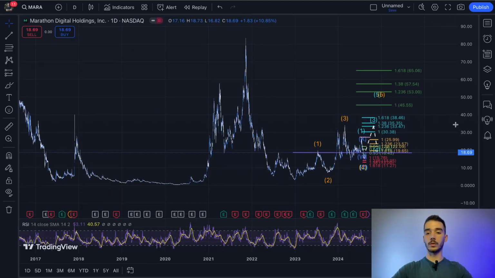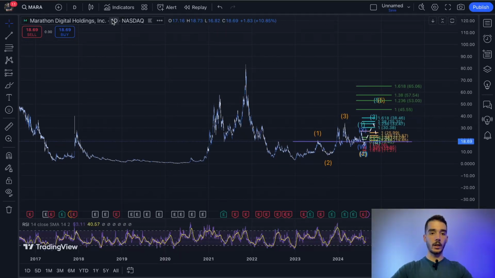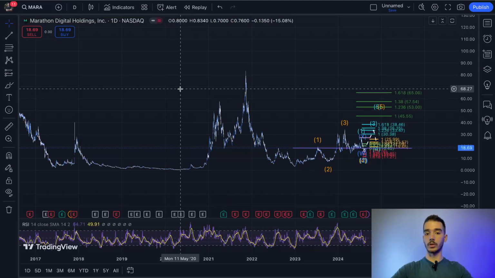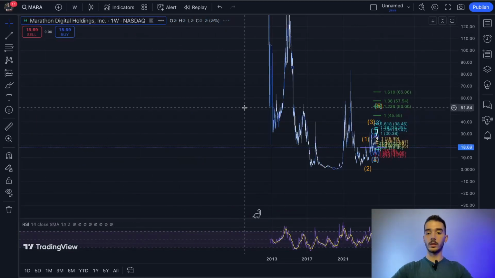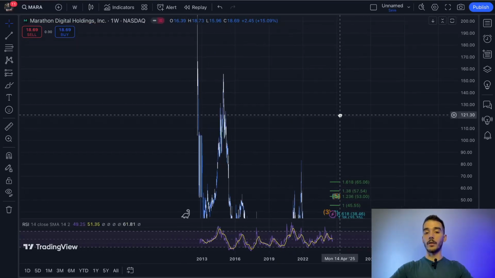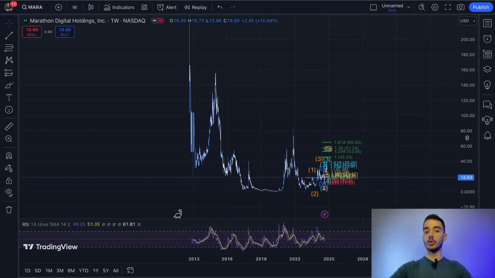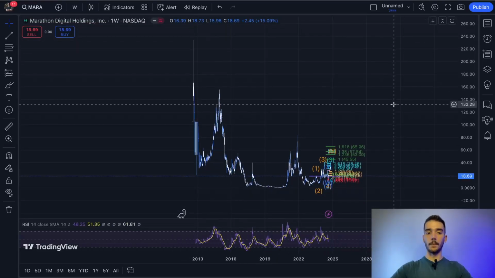It works for me. And then on the bigger picture, so if I show you guys the bigger picture here, let's do 1 week. Okay. Every bull market cycle, due to Mara's, of course, it's a very tough space to mine Bitcoin, especially when you're trying to stay profitable or just become profitable, and then try to maintain it.